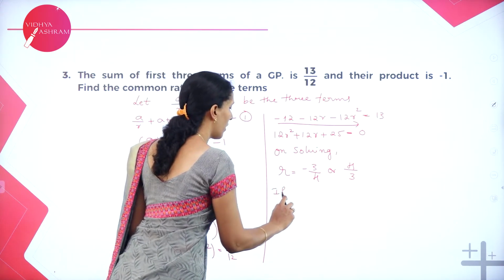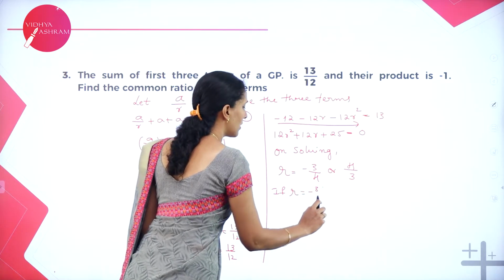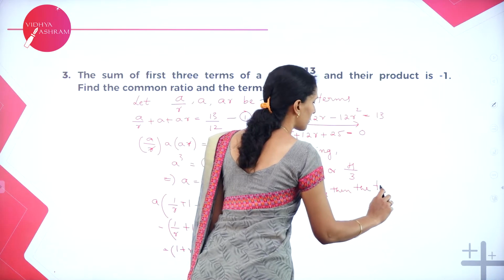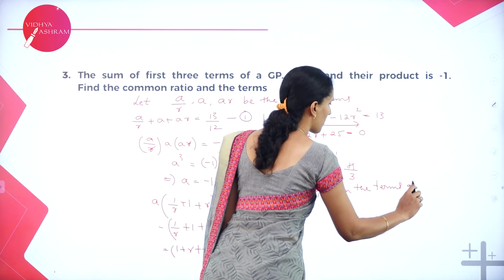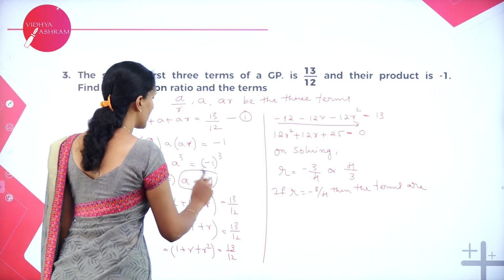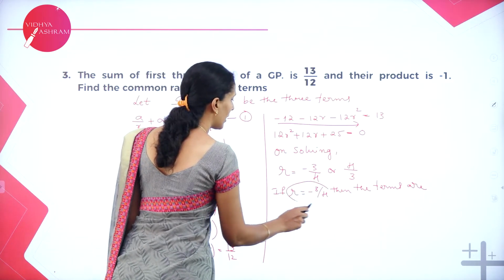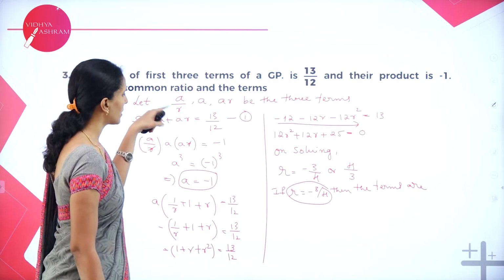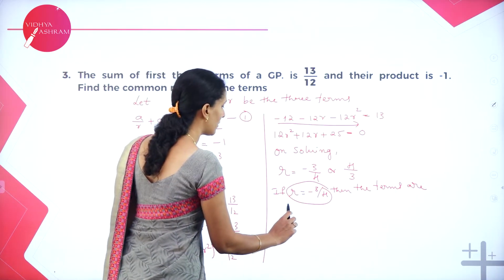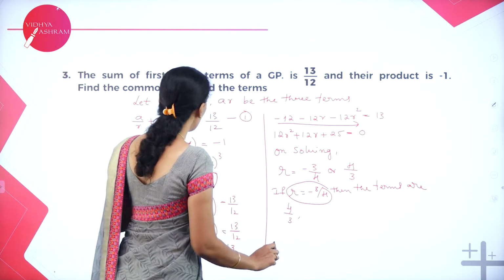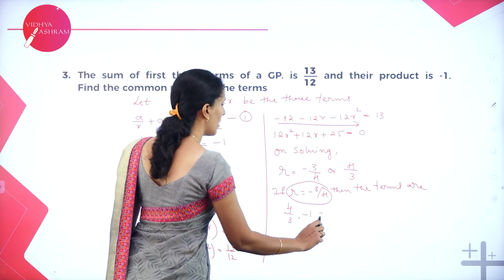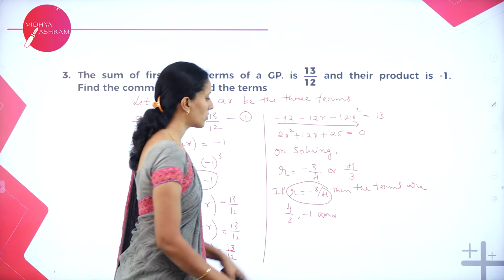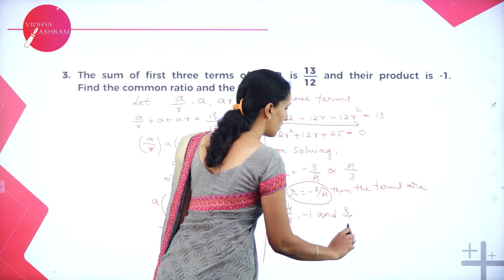If R is equal to minus 3 by 4, then the terms are: A we have got it as minus 1 and here R we are taking it as minus 3 by 4. So minus 1 divided by minus 3 by 4 becomes 4 by 3, comma, A is minus 1 and next we have A into R, minus 1 into minus 3 by 4 becomes 3 by 4.